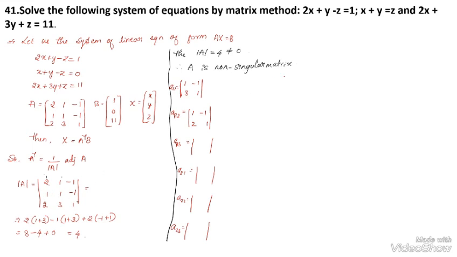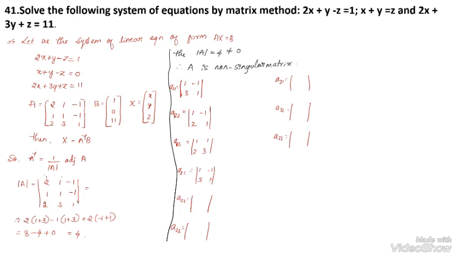Again here, I can write A31, A32, and A33. For this element 1, 1, 2, 3, we have to neglect these: 1 minus 1, 3 comma 1.